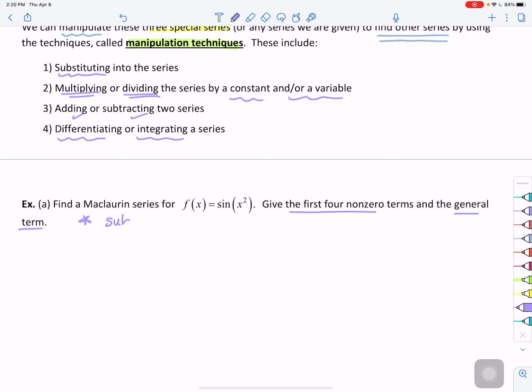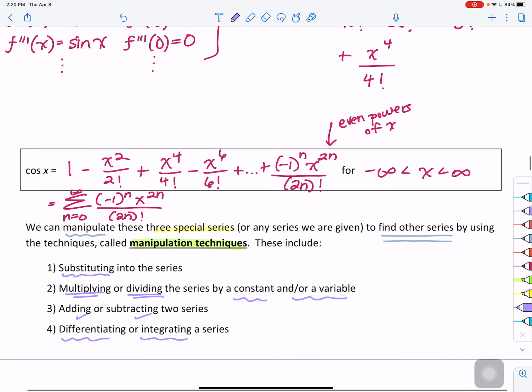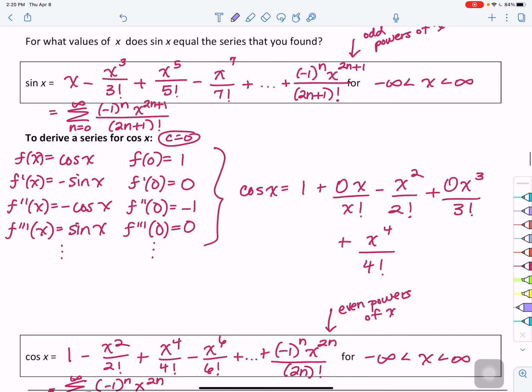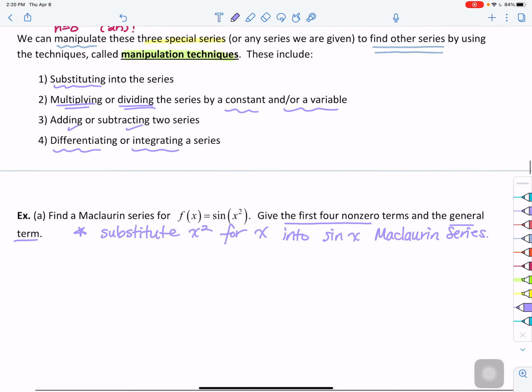We're going to substitute x squared for x into our sine of x Maclaurin series. Okay, and let's recall what that was. Here's our sine of x right here. So let's go ahead, and we could always write that down first right above.